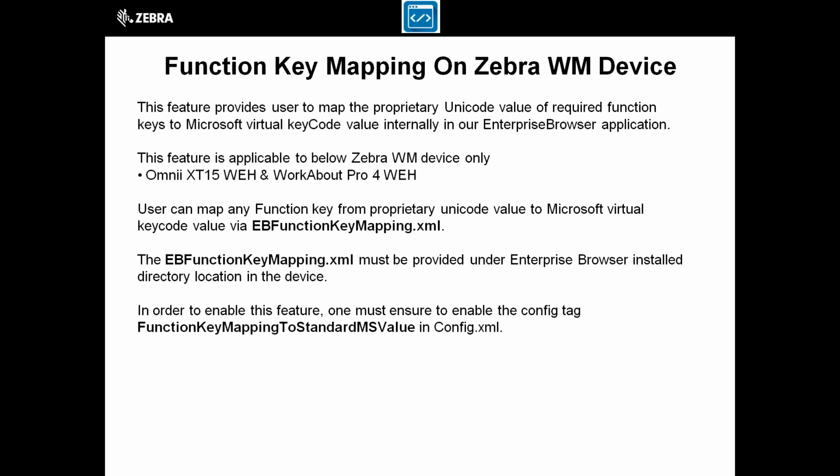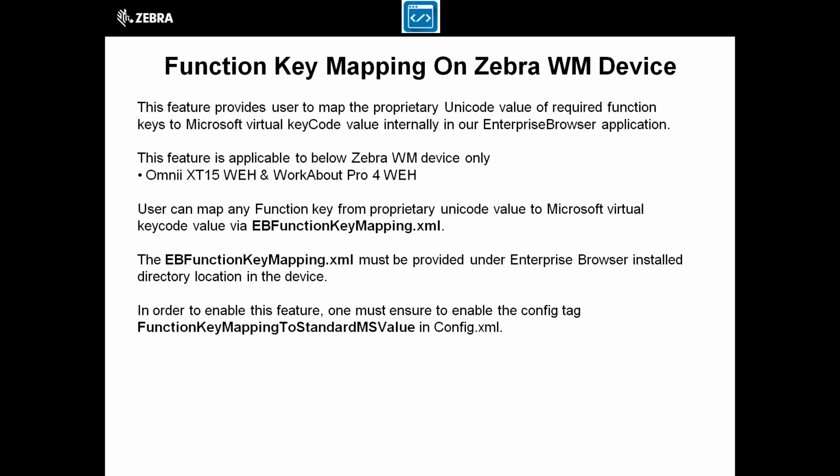So the user can map the right Microsoft standard value using the XML, which is EB function key mapping.xml, and it must be provided in the Enterprise Browser install directory location. After mapping the values using EB function key mapping.xml, the user needs to enable this feature, for which we are providing a config tag called function key mapping to standard MS value.